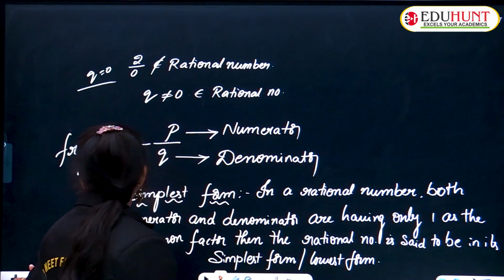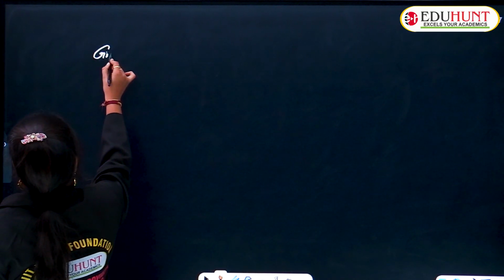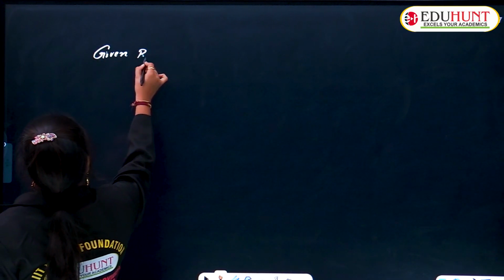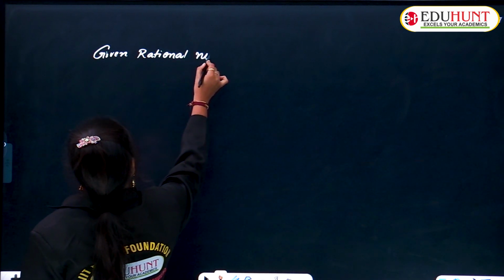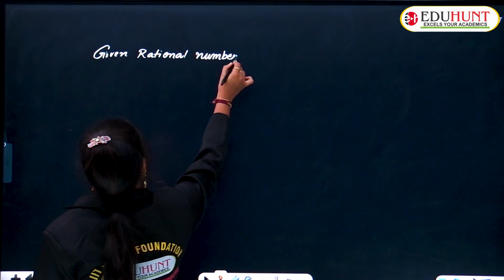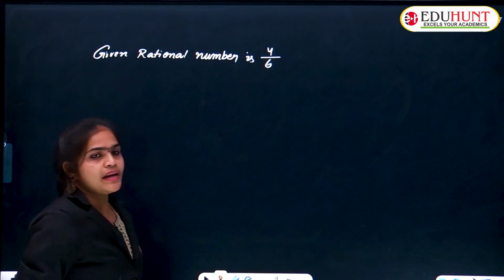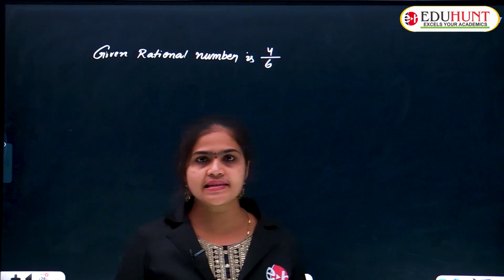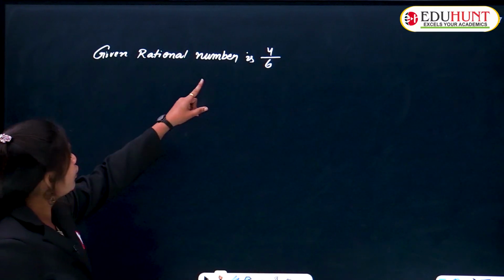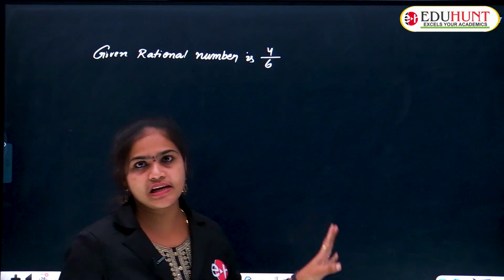Just see here, for example, the given rational number is 4 by 6. Now 4 by 6 is a rational number. 4 is an integer, 6 is an integer. That's why 4 by 6 is a rational number.